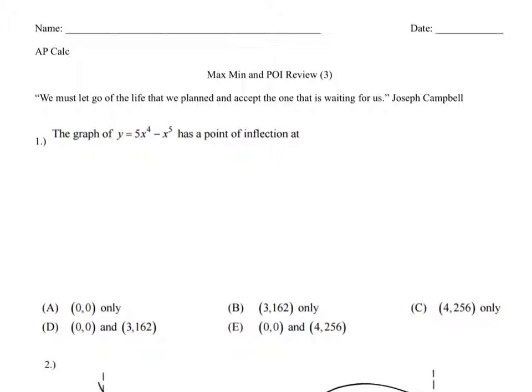Let's do this calculus thing. Okay, so whenever we want to find a point of inflection, what we want to think about is when is the second derivative equal to 0. So if this is our first derivative, 20x to the third minus 5x to the fourth, then the second derivative would be equal to 60x squared minus 20x cubed.